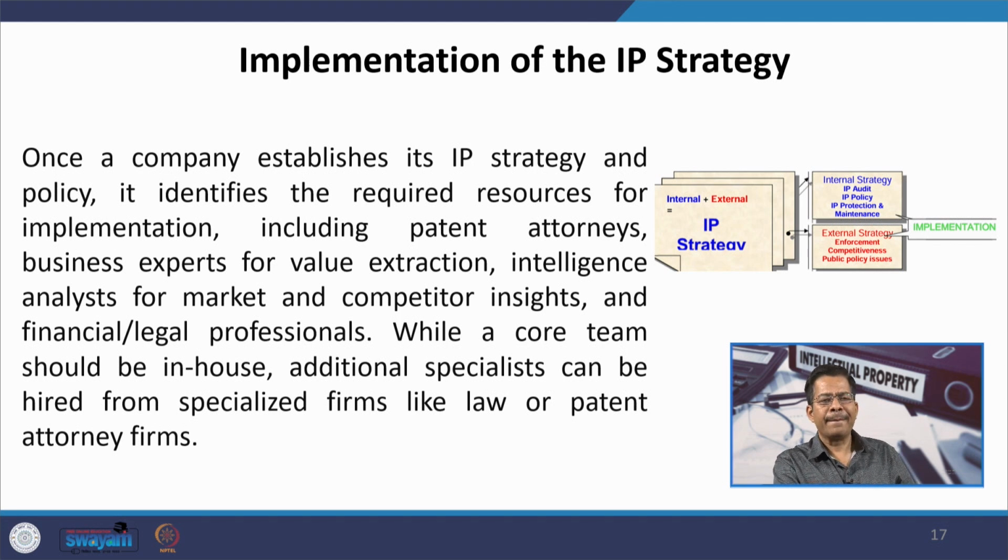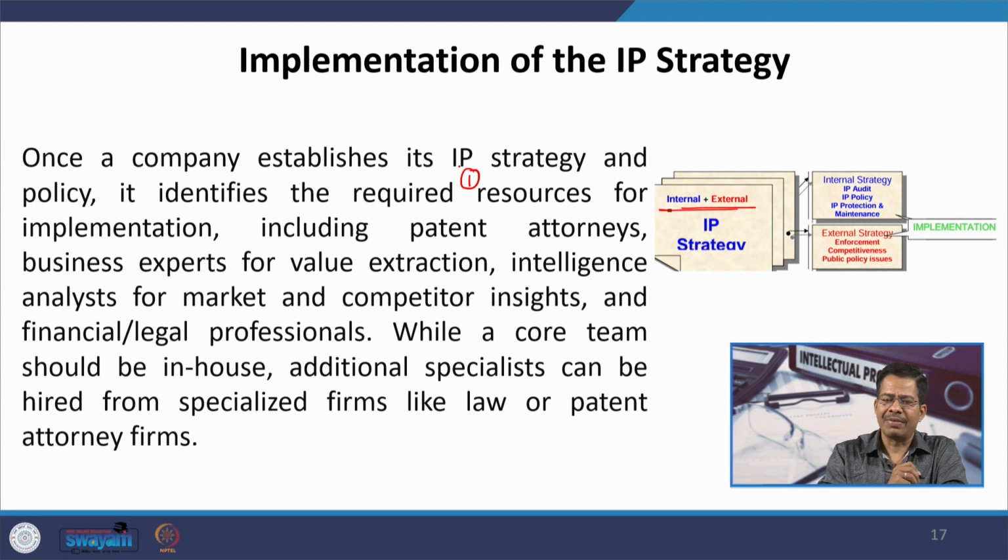Now, finally, we come to the implementation of this IP strategy. Once a company establishes the IP strategy and all these things which are coming because of internal and external strategies, we need to see how it is going to be implemented. And for implementation, the first important requirement is resources. What type of resources are required for implementing this strategy?